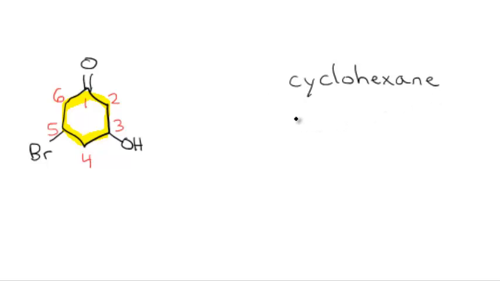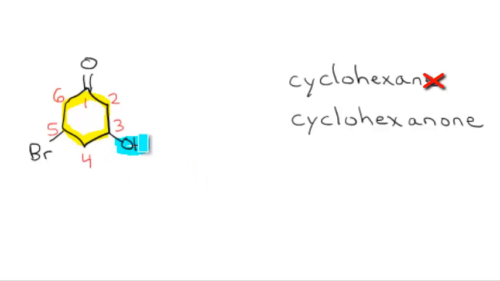This is a ketone, so our cyclohexane switches over to where we drop the E, and it becomes cyclohexanone. No need to put a 1 in front because of the fact that it has the lowest possible carbon number.